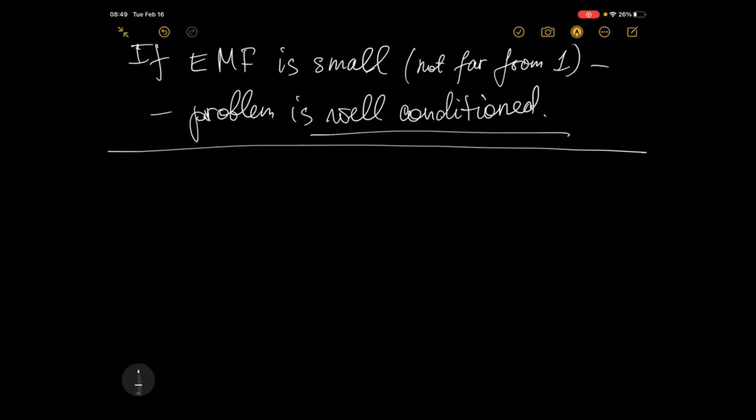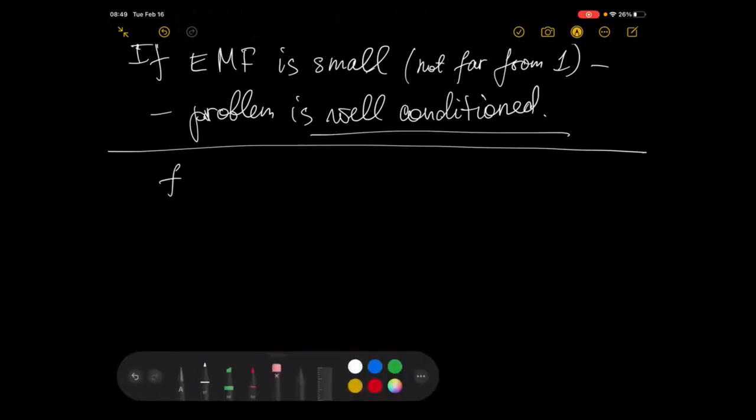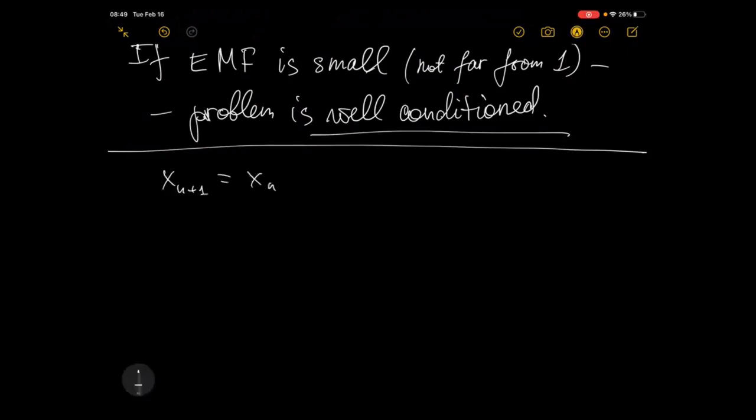Now, we studied Newton's method before, so let me remind you. x_{n+1} is computed from x_n, and x_0 is the initial guess.